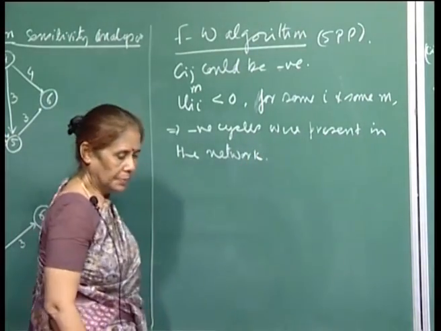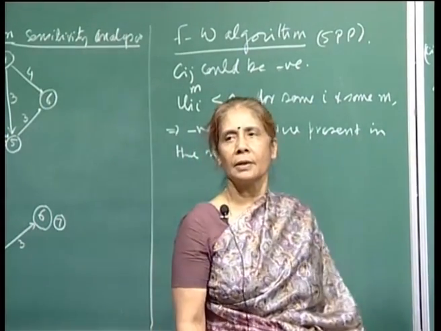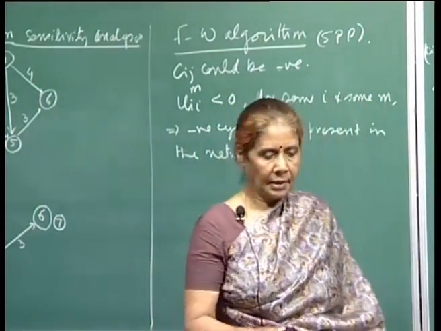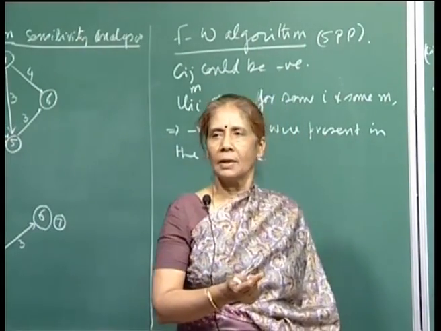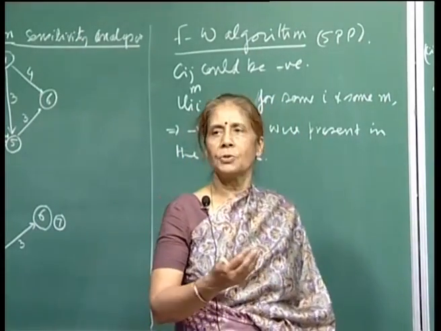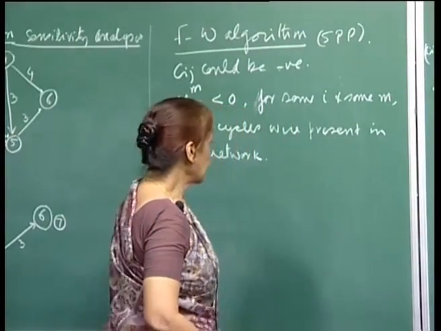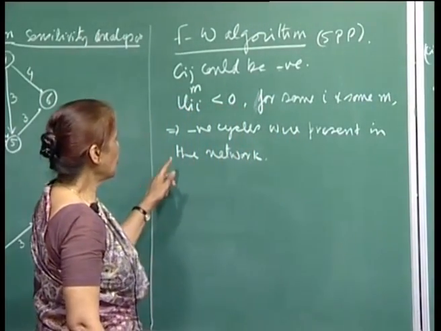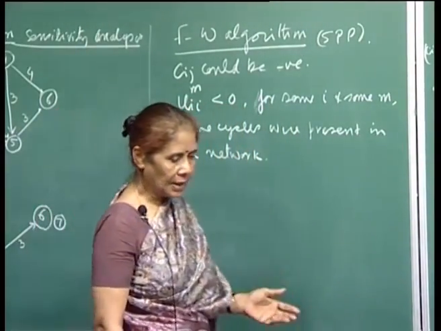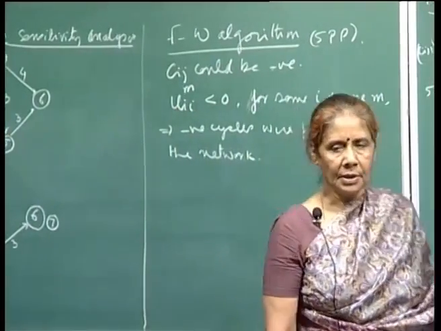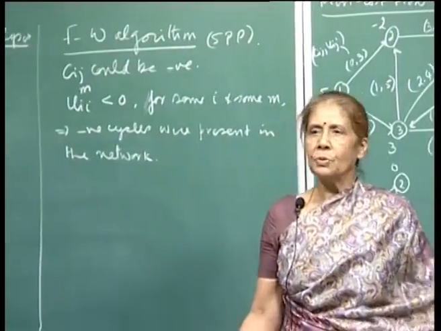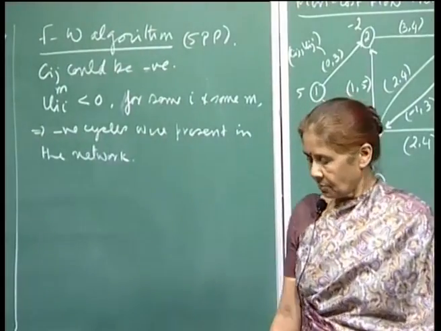And therefore, shortest paths lose their meaning, because I can keep going around the negative cycle and reduce the distance between any pair of nodes, right. So, the moment you discover that there is a negative cycle present in the network, you stop computing the shortest path distances. Okay.